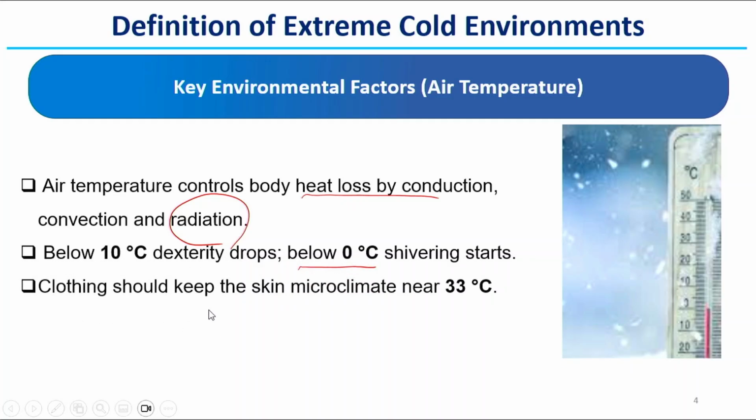Clothing should keep the skin microclimate near 33 degrees Celsius. What we have seen is that 32 plus or minus 1 degree Celsius is the ideal microclimate temperature. So, our microclimate temperature should remain around 33 degrees Celsius irrespective of the environmental air temperature. That is how the insulation should be.